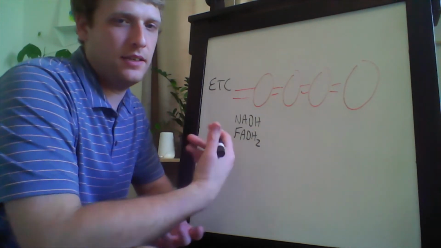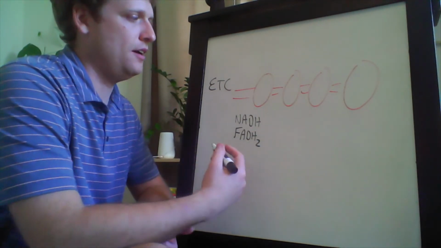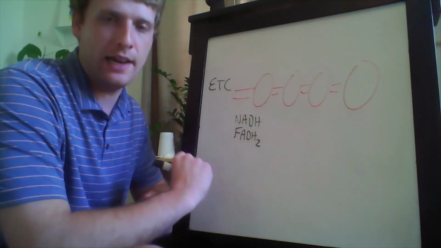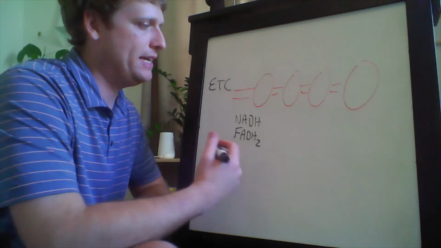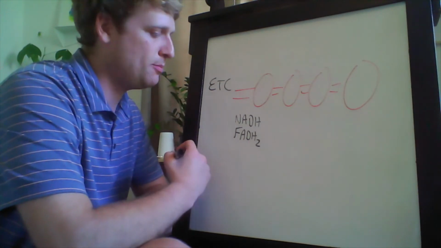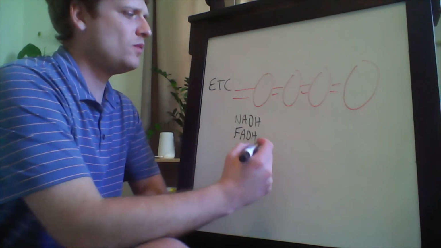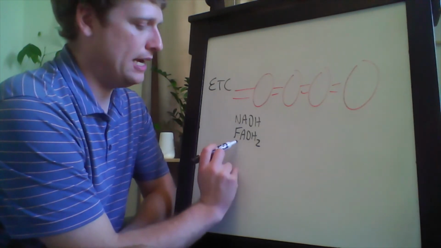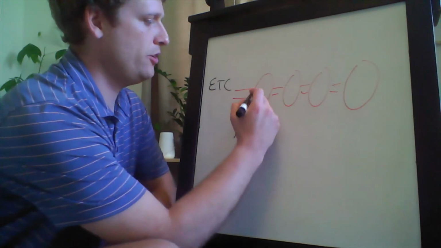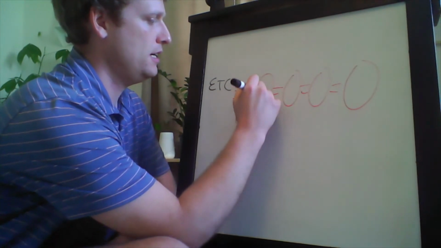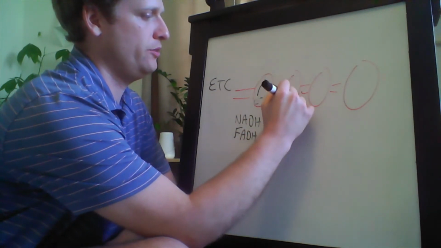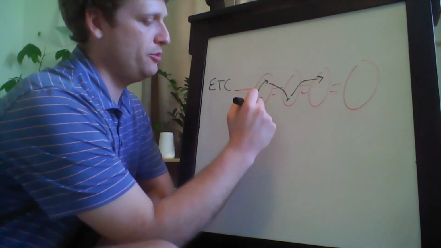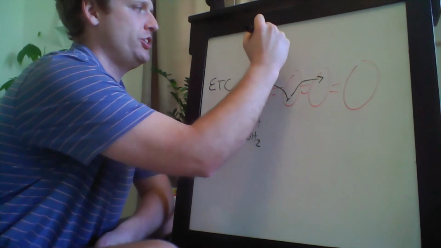So why again is oxygen necessary for glucose catabolism to generate that extra 34 ATPs that you get out of the electron transport chain? Well, when these electron carriers, NADH and FADH2, donate those electrons and they start bouncing through the electron transport chain, every time an electron moves, it pumps hydrogens.